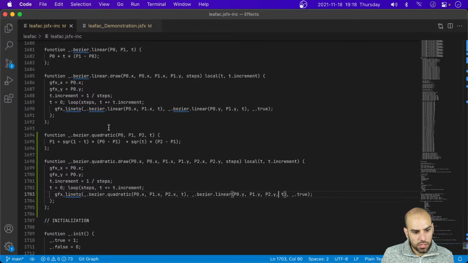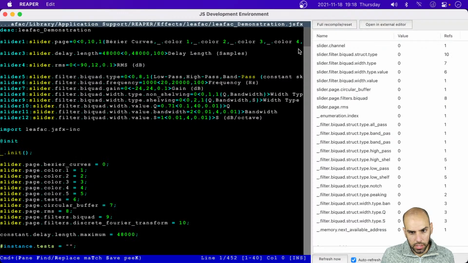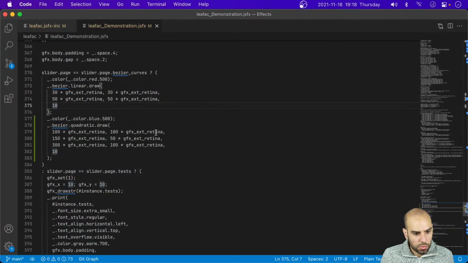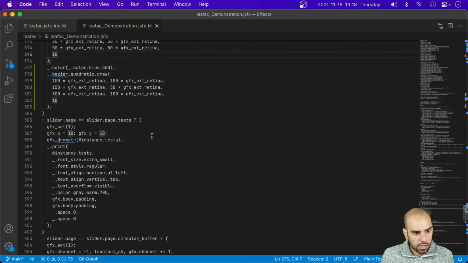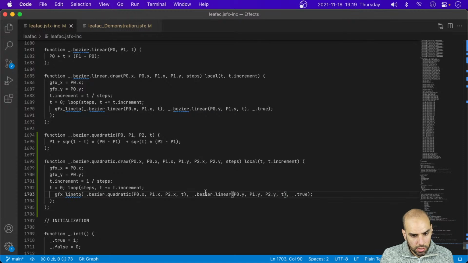The funny thing is that it's complaining about a linear call, so I don't know what's that about. Error in init. Blah, blah, blah. Oh, I think I forgot to rename one of the calls in the drawing thing here. Yeah, that one.